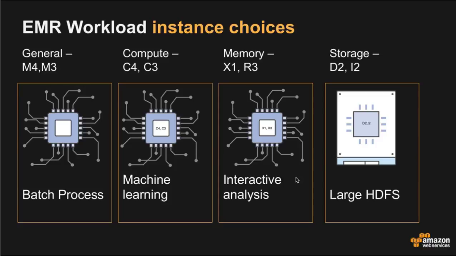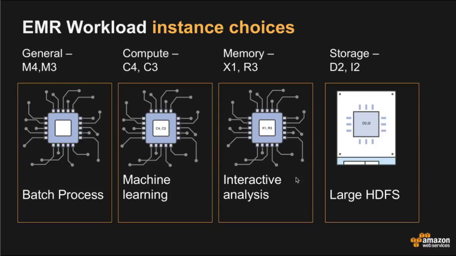And when you are looking at machine learning workloads which don't really need a GPU processor, then the C type of instances are definitely a good choice to start with. If you are processing a workload which needs to perform a lot of memory-based computations, then any X series of instances or R instance types are definitely good choices.